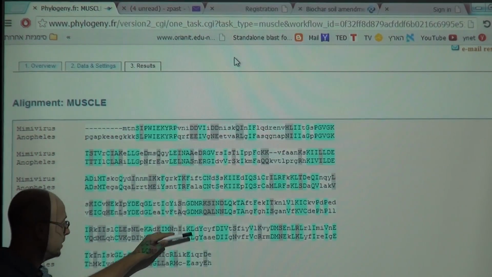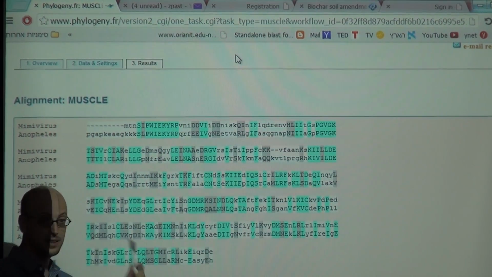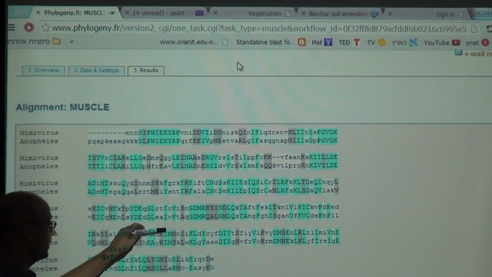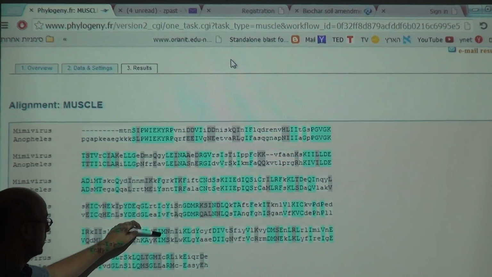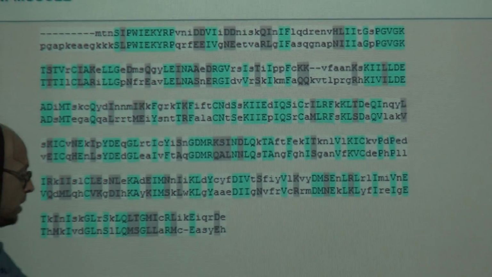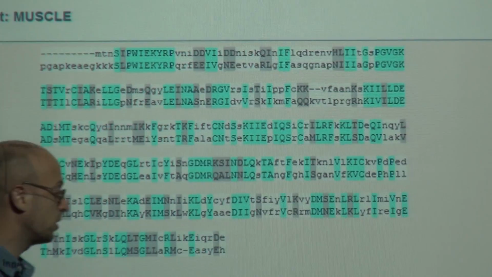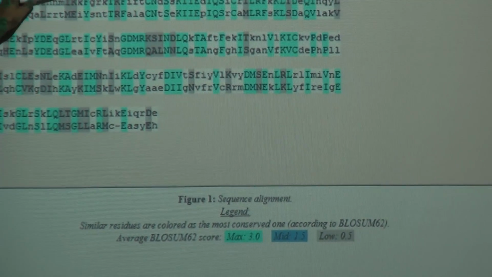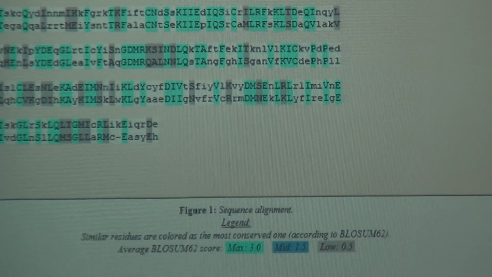And as you can see, for identities, for matches, we have here the color green, and for lower matches, for mismatches, we have either gray or white.